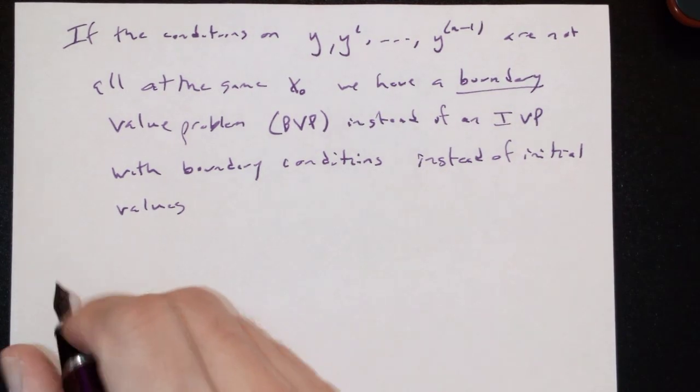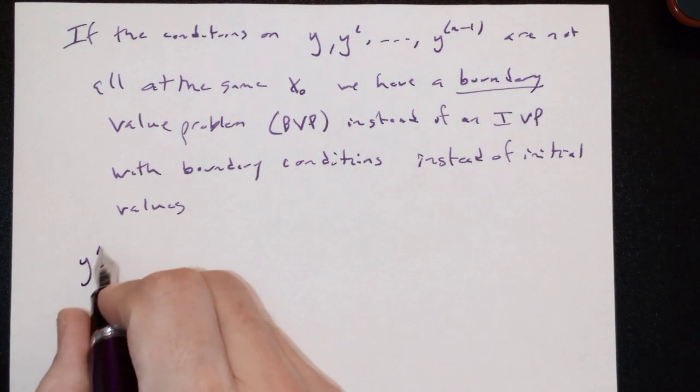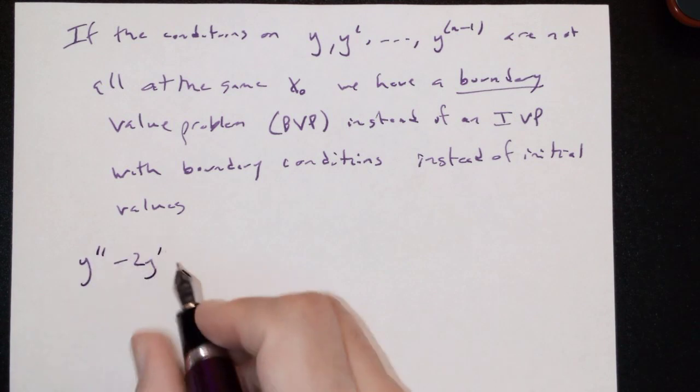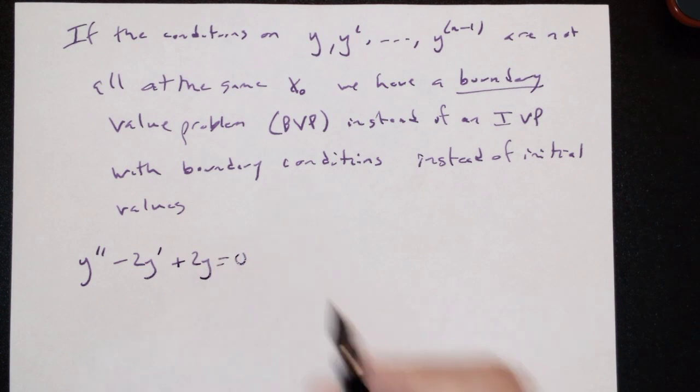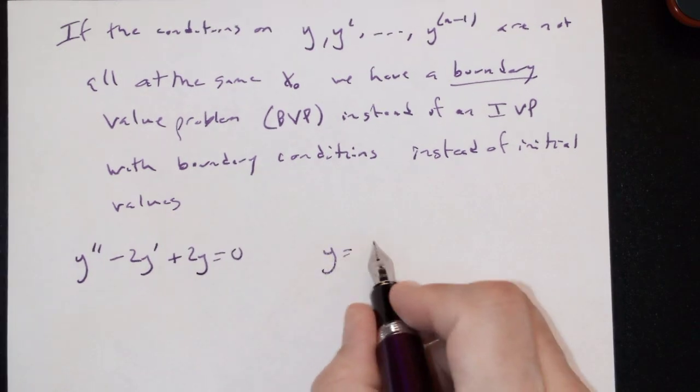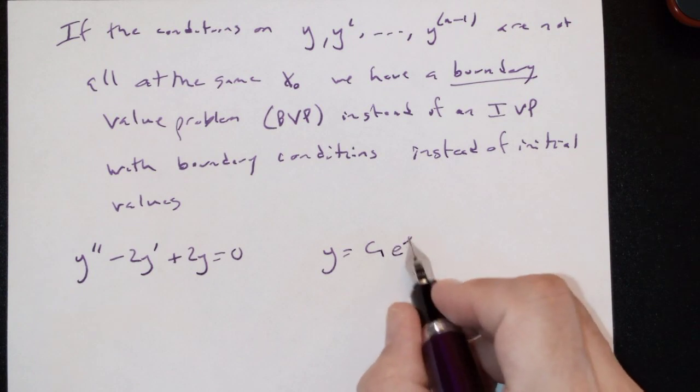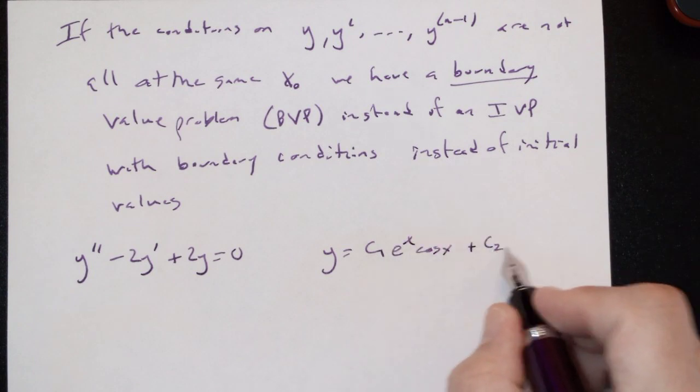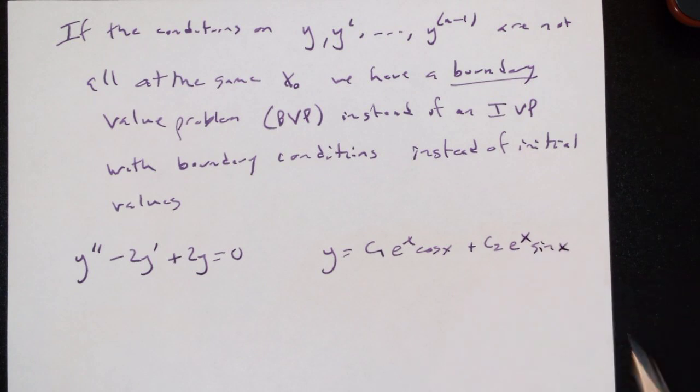Here's an example. This differential equation, y double prime plus 2y prime plus 2y equals 0, is solved by the ugly equation y equals C1 e to the x cosine x plus C2 e to the x sine x.